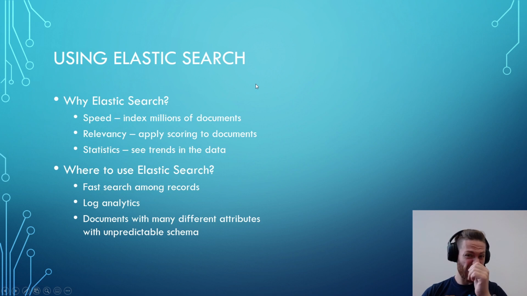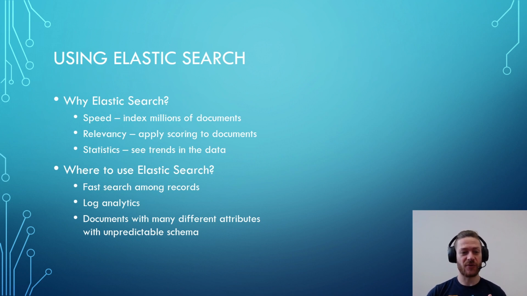So about using Elasticsearch. First, why Elasticsearch? What's the difference and why it's better than other document-based databases? First, Elasticsearch works like an index. You can insert a lot of documents in it and all of these documents will be indexed and you have a super fast retrieval.